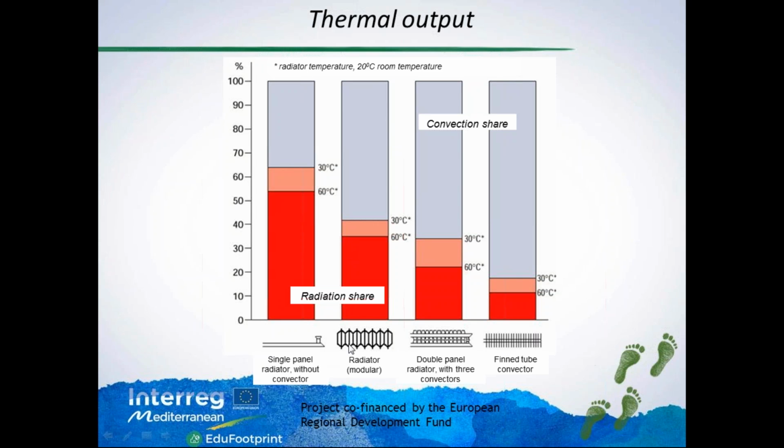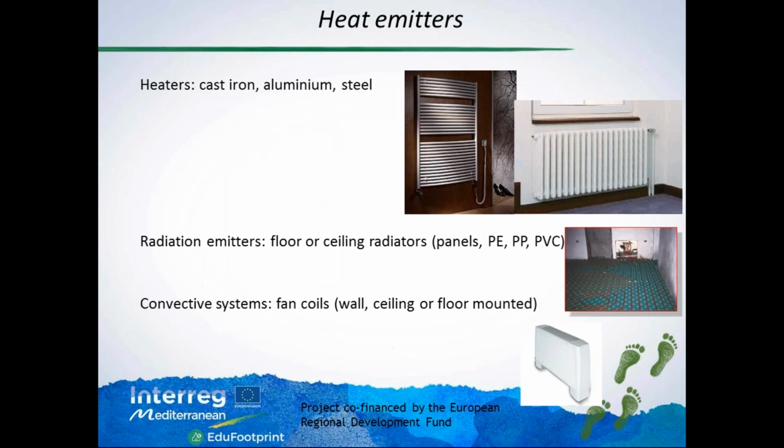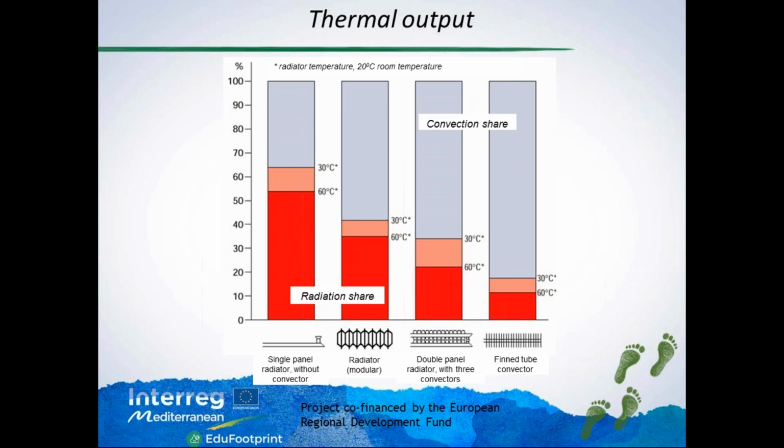The shape of the radiators, of the heater, also has an impact on the radiation and convection share. So you have seen here is typical just radiation, here is typical just convection, and those kinds of heaters are using both types of heat transfer, radiation and convection.